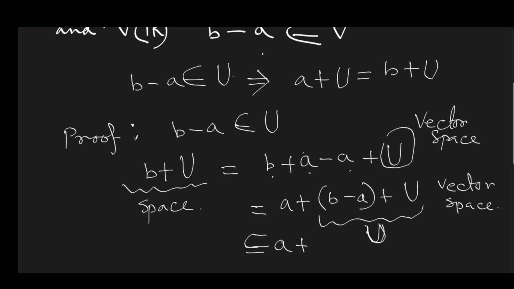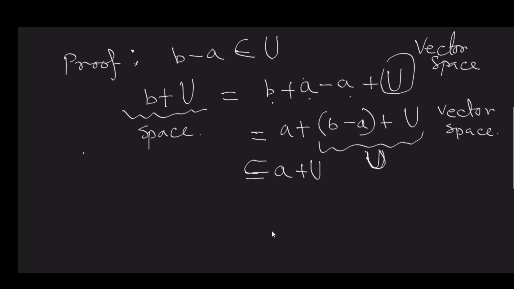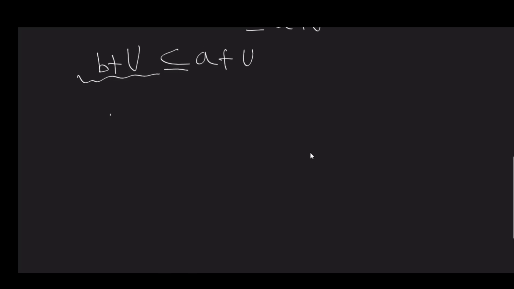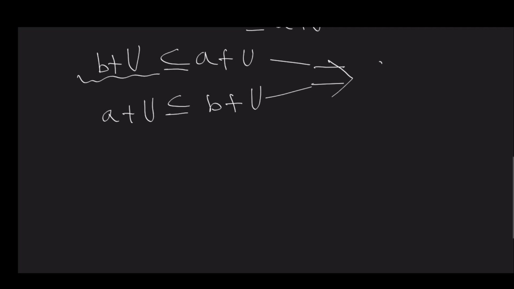So it will give you A plus capital U. That means the space B plus U is contained in the set denoted by A plus U. Similarly, if you start the reverse way, you can show that A plus U is contained in B plus U. Together they imply that A plus U is equal to B plus U, right?